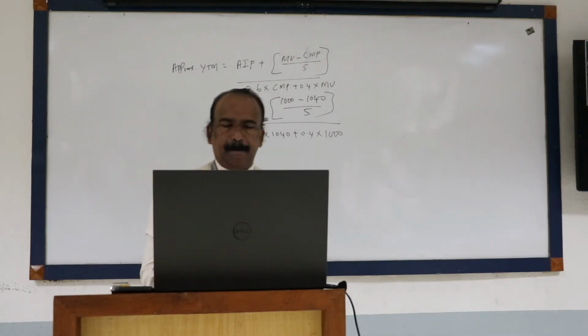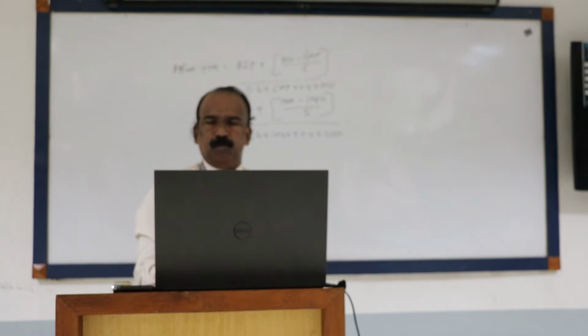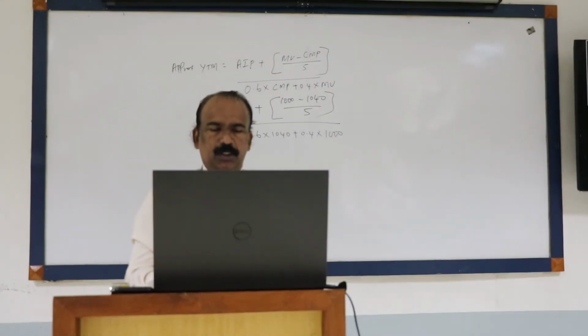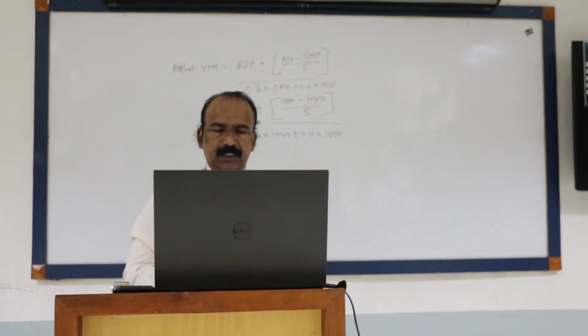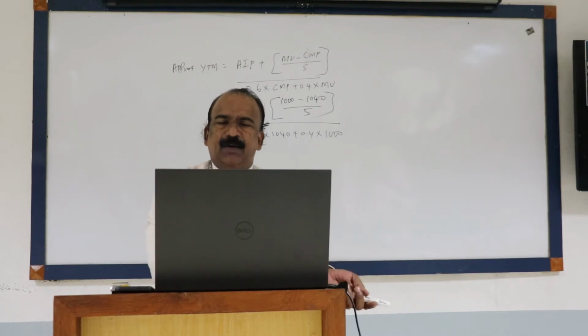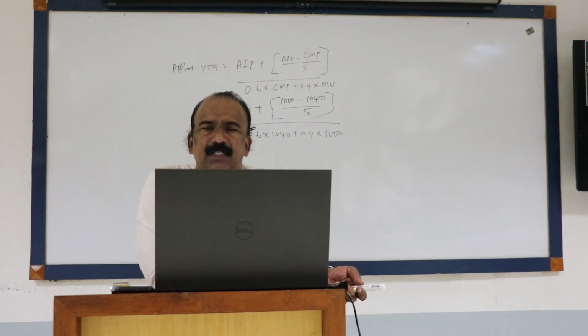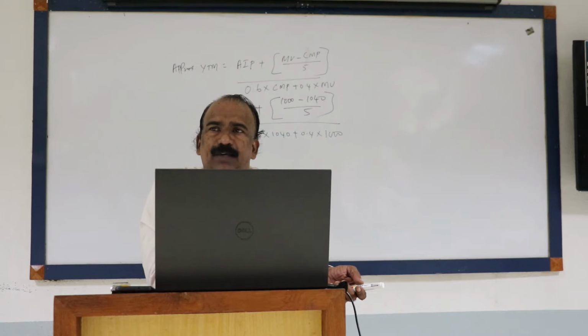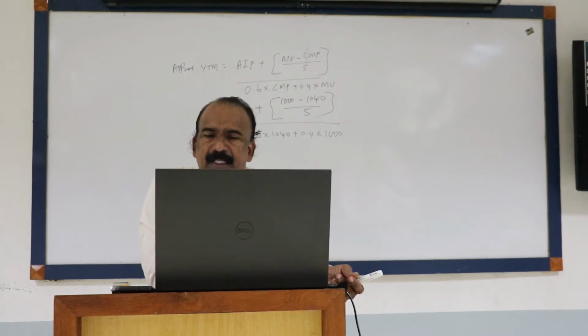In the previous equation we did 1,040 plus 1,000 divided by 2, giving equal weightage, but in this equation we are giving a little higher weightage to current market price. That's the only difference. You can use any equation for examination purposes.